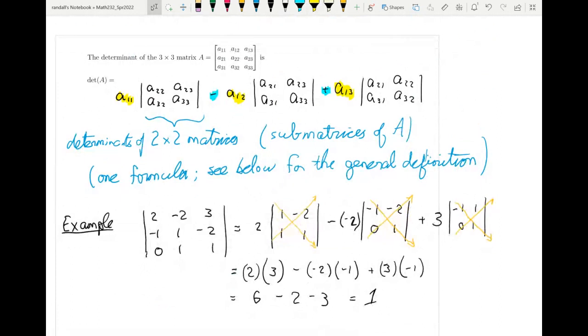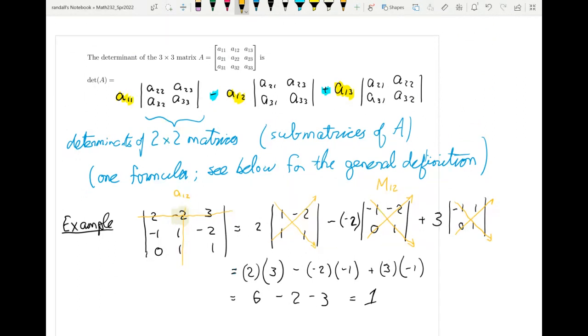I would, in my mind's eye, maybe I'll just draw one in here. So if I was looking at A12, there's my A12. Then I remove the first row and second column, and I'm left with this submatrix here, which is over here. So this is the minor M12.